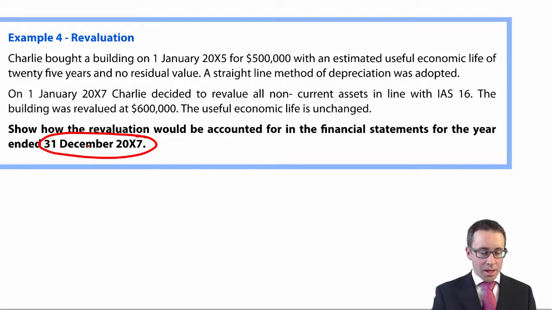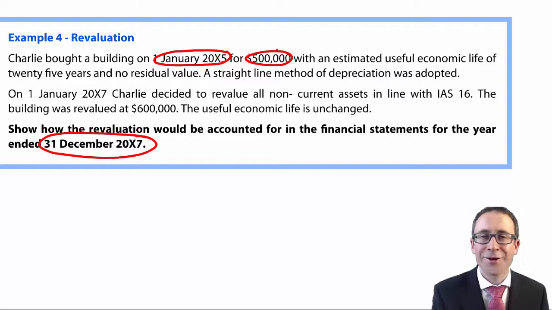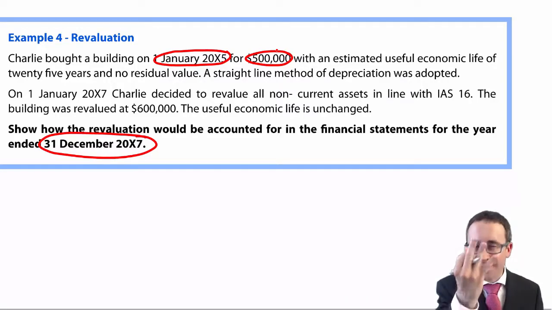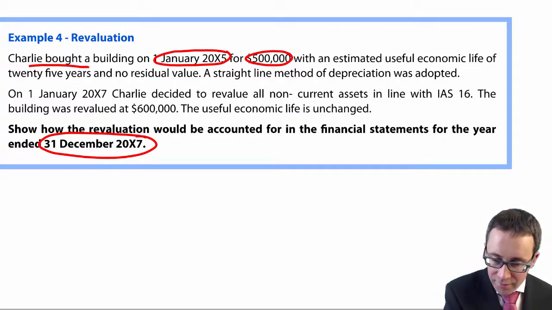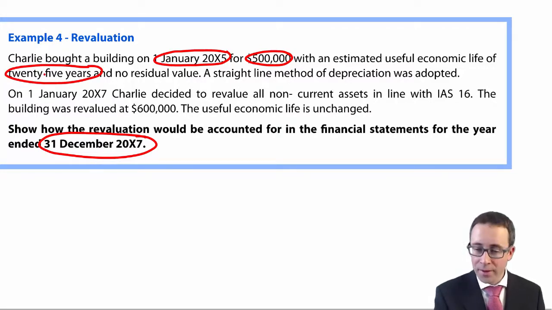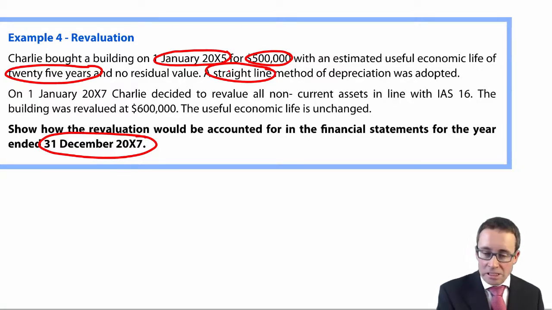Charlie bought a building on the 1st of January X5, so is that 3 years ago, for $500,000, with an estimated useful life of 25 years and no residual value. Straight line method was adopted, so you could automatically work out the depreciation. 500 over 25 is $20,000 per annum.